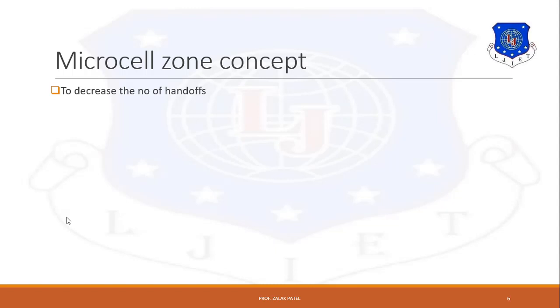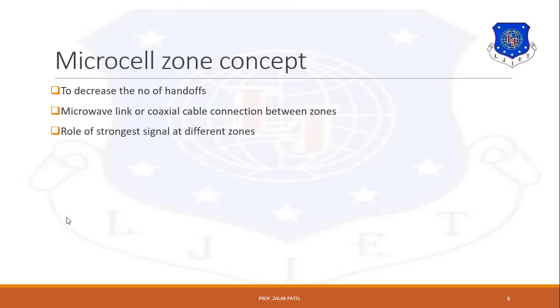Now, to reduce that number of handoffs, the microcell zone concept is used. Here, microwave link or coaxial cable is used for connection, and the role of the strongest signal at different zones is very important, which we will discuss later on.